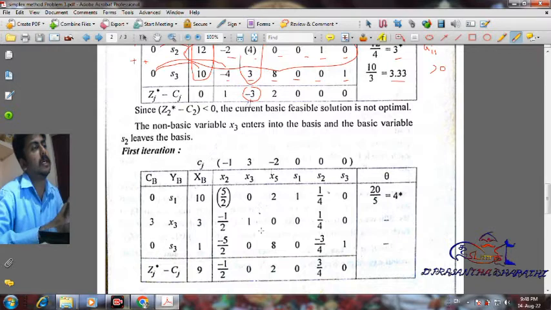After that we want to find the new S1 value as well as the new S3 value.